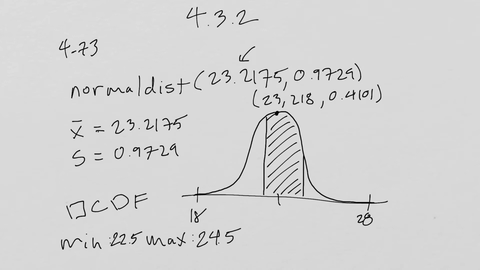It tells us what percentage of women finished with times between 22.5 minutes and 24.5 minutes. We got an answer here, and our area is 0.6759. So that's about 67.59%. 67.6% of the women finished with times between 22.5 minutes and 24.5 minutes.